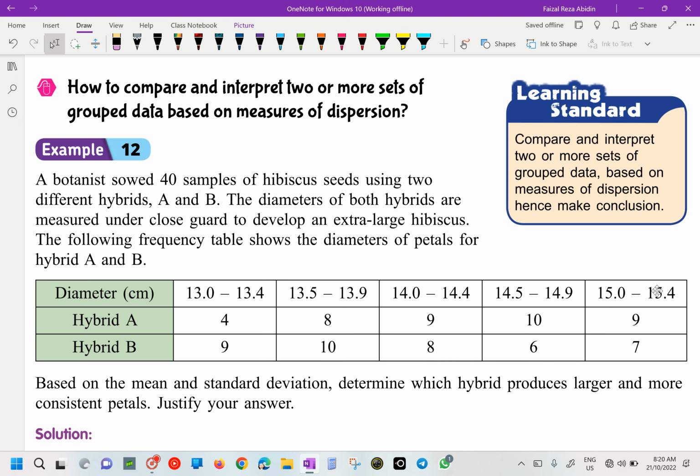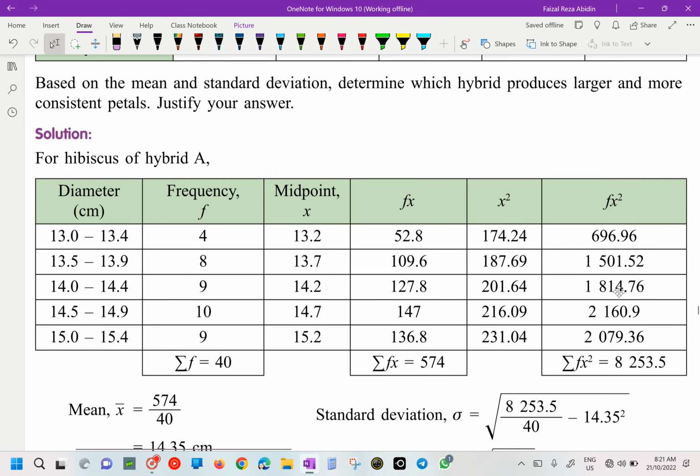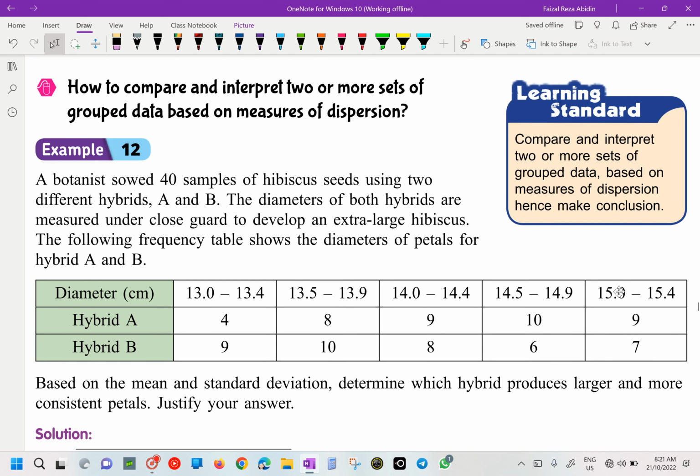Okay, please open your textbook to page 215. We are going to look at our next learning standard: to compare and interpret two or more sets of grouped data based on measures of dispersion, hence make conclusions.